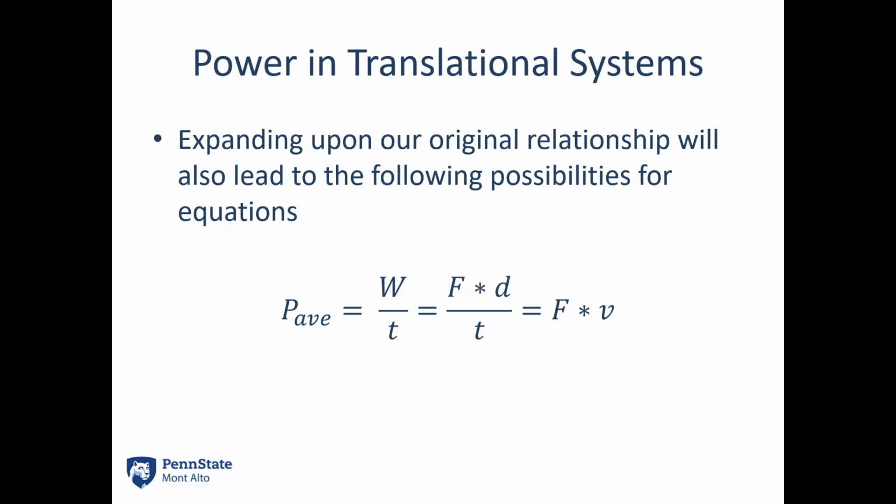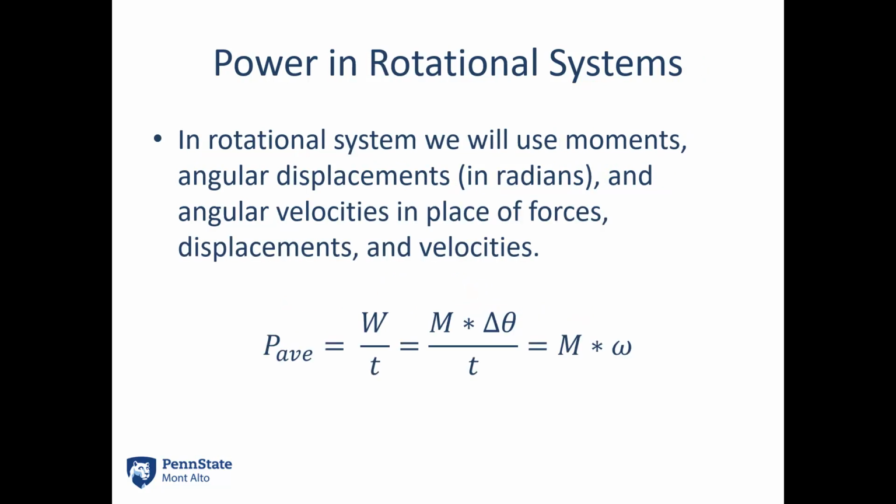All right, so in translational systems for particles, what we talked about was work is a force times a distance, over time, and then distance over time is velocity. So the force times the velocity of the object is also a valid measure of our power at that particular instant, because velocity is instantaneous.